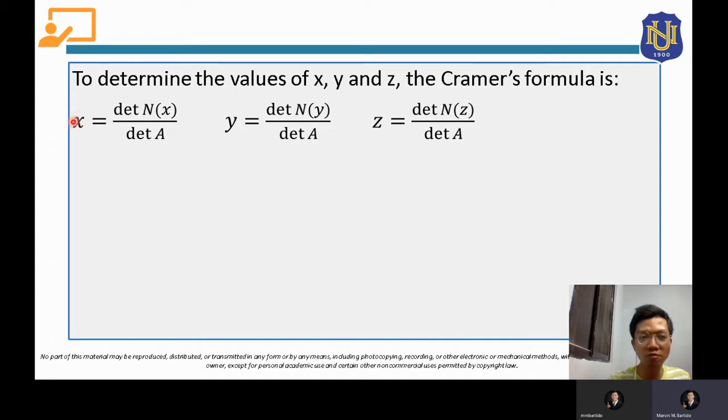For the value of x, using Cramer's formula, it will be the determinant of A sub x over the determinant of matrix A, that is the coefficient matrix A. To solve for y, it is just determinant of A sub y over determinant of A, and z is equal to determinant of A sub z over determinant of A. We are going to determine how to solve for A sub x, A sub y, and A sub z in our succeeding slide.